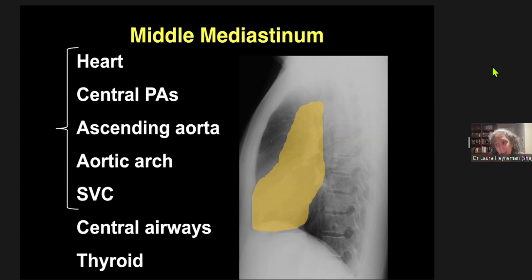And again, the thyroid I include in the middle mediastinum because it's paratracheal, and as it enlarges and becomes pathologic, it can extend down past the thoracic inlet into the middle mediastinum.